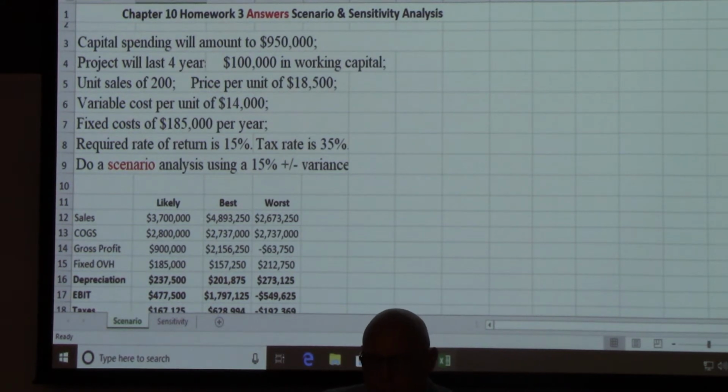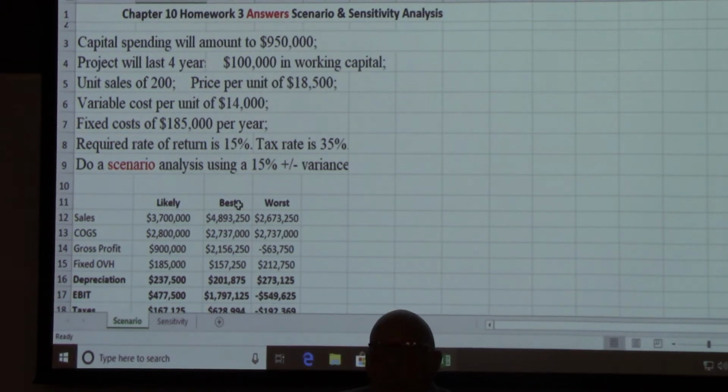So we're going to do a scenario analysis and a sensitivity analysis. Remember that a scenario analysis typically involves 3 situations: a likely case, which is your base case; a best case, where whatever can go right does go right.